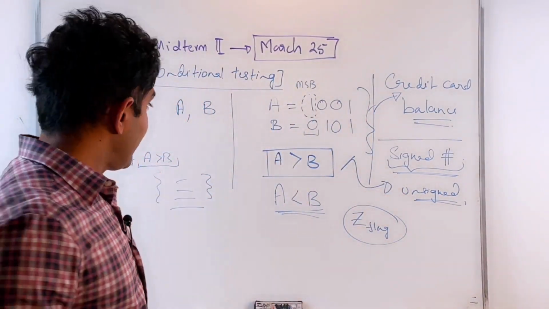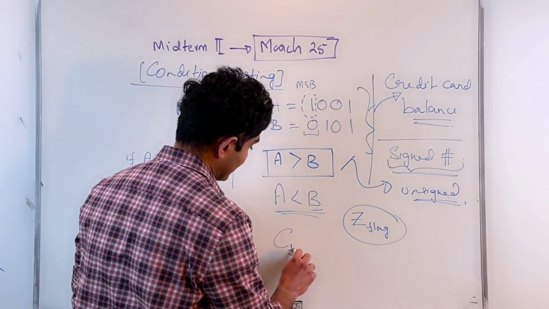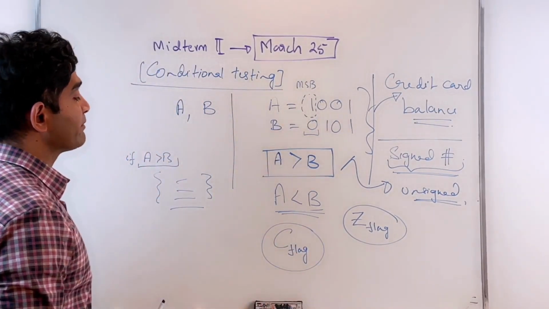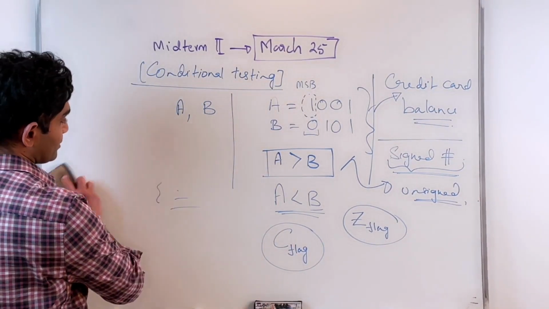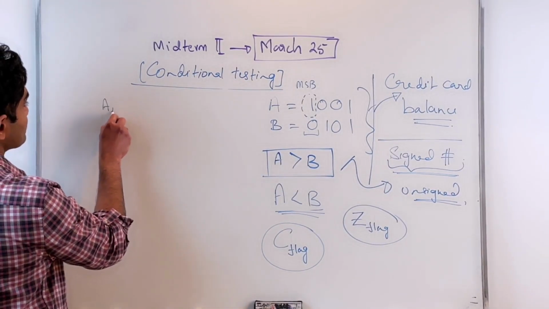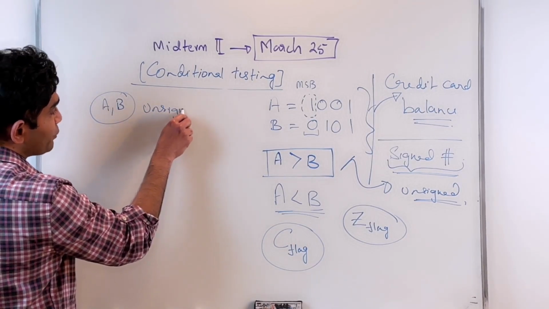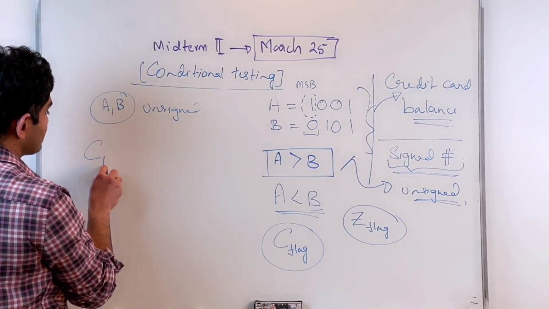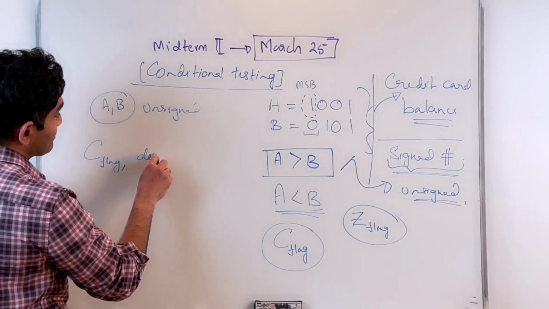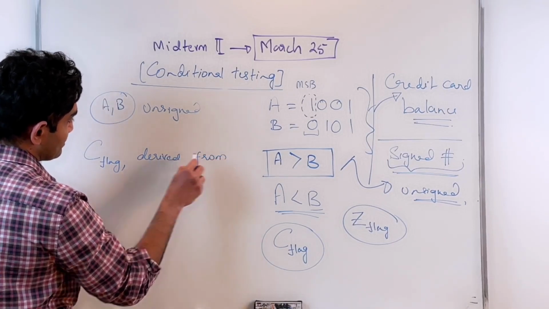We also defined what is called the C flag in the last class, assuming for now that I'm working with unsigned numbers. How do I compare A and B as unsigned numbers? So we defined a new flag called the C flag, derived from the carry out of the adder.